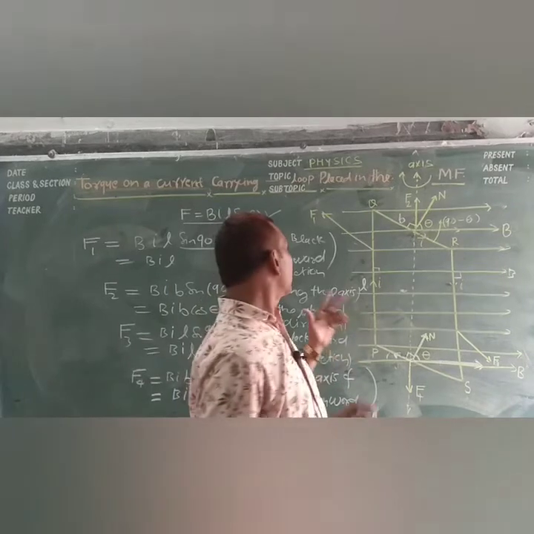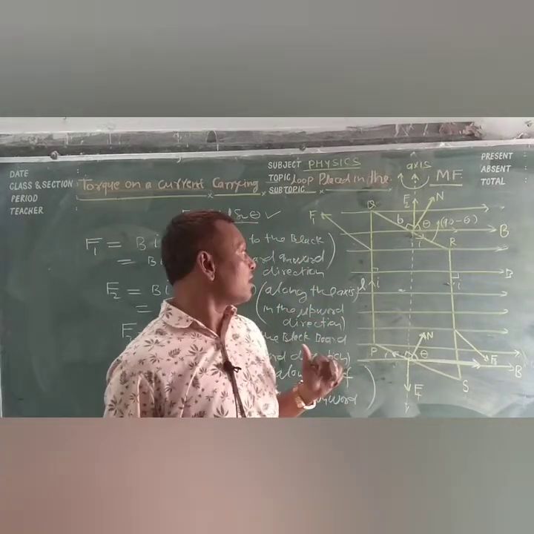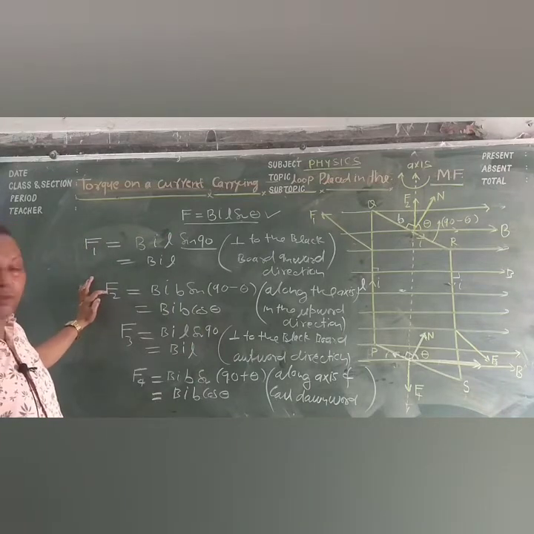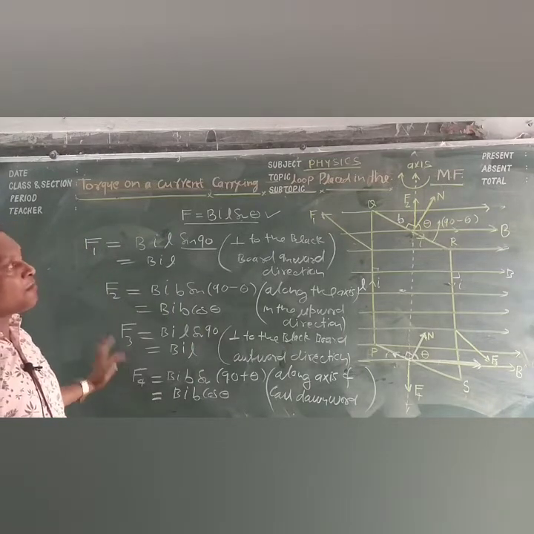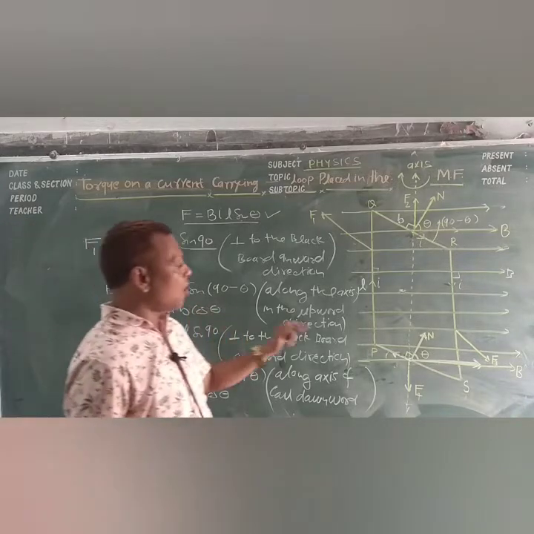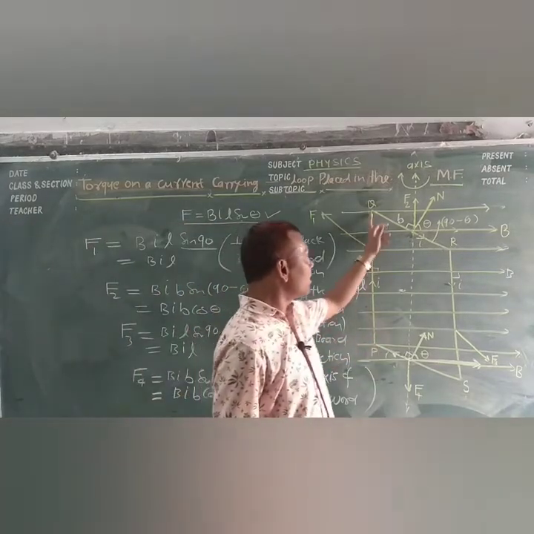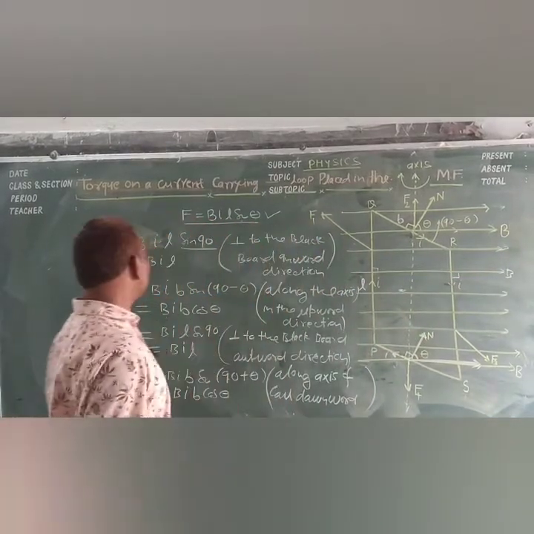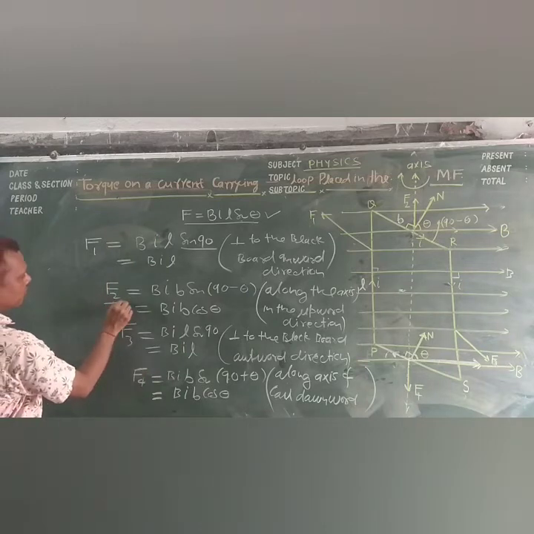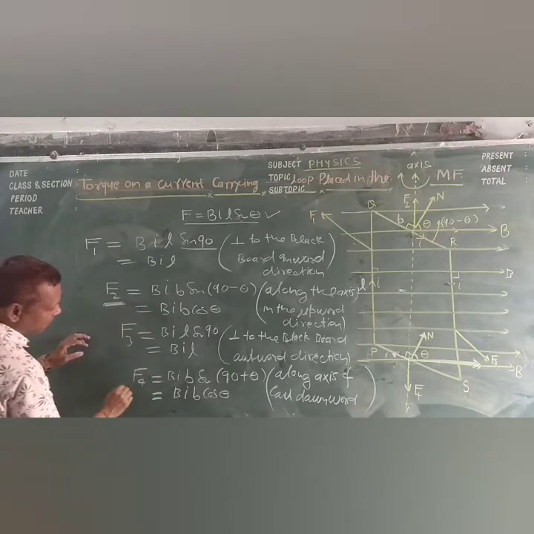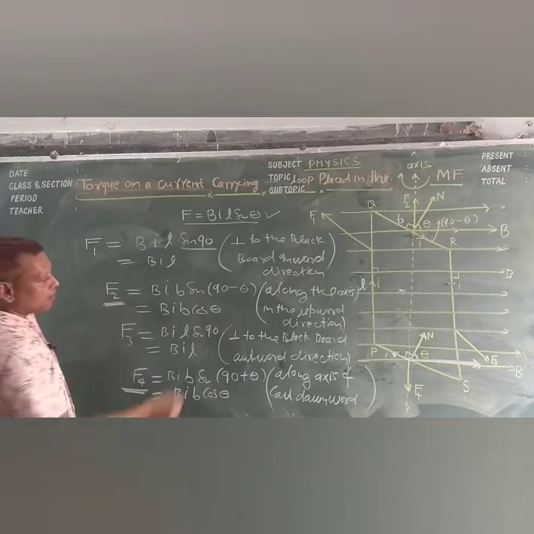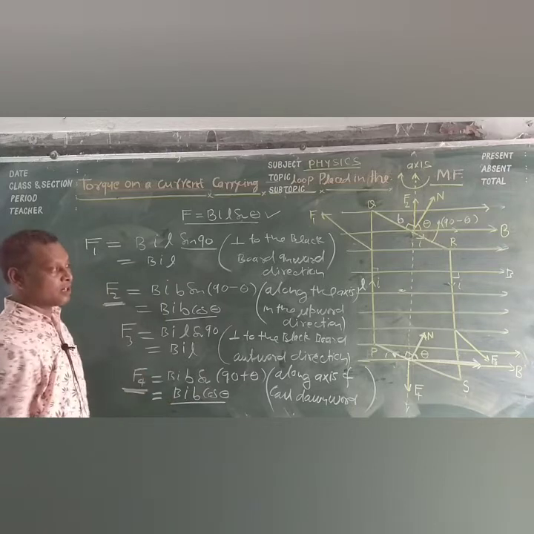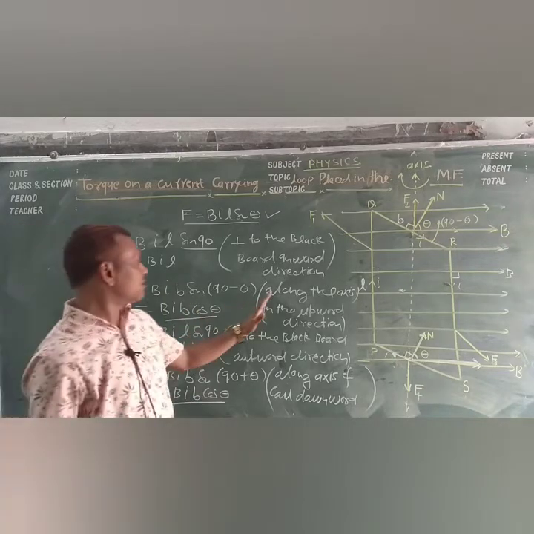Dear student, in this way we see four forces F1, F2, F3 and F4 are acting on the rectangular coil PQRS, and it is clear that forces F2 and F4 are equal, IBP cos theta, and opposite.